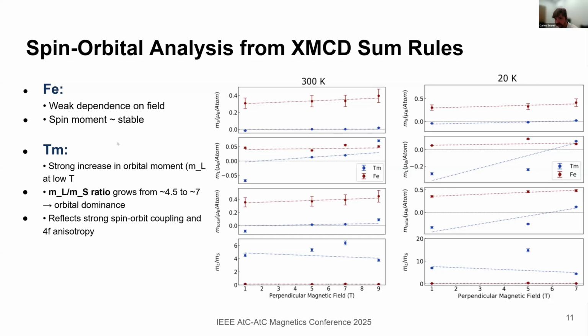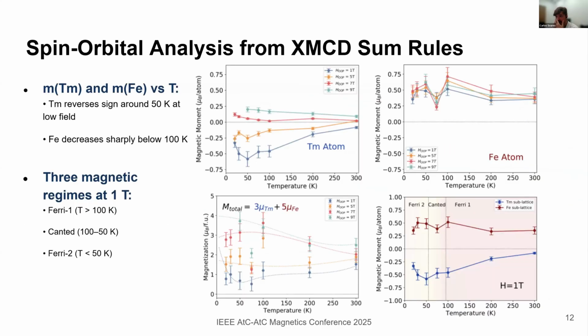Okay, you see great information about the importance of the magnetic orbital in the thulium when you decrease the temperature, because it has a high spin-orbit coupling in this material. I think it's essential to understand why the compensation temperature phenomenon appears in these materials.